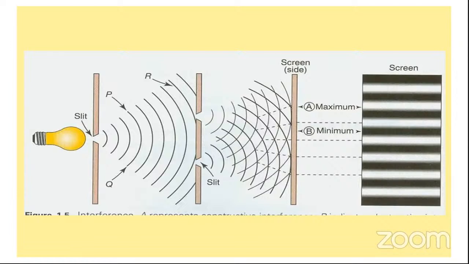The coherent sources interfere with each other, forming a pattern of light and dark bands. For constructive interference, bright fringes are formed, and for destructive interference, dark fringes are formed.